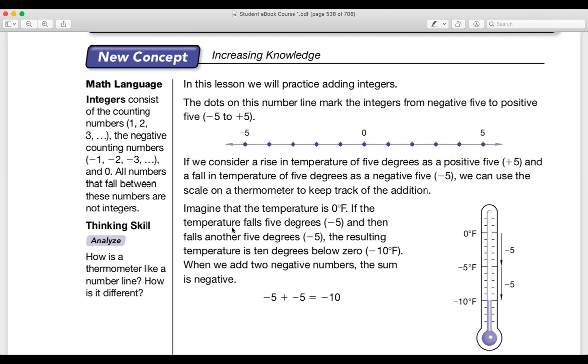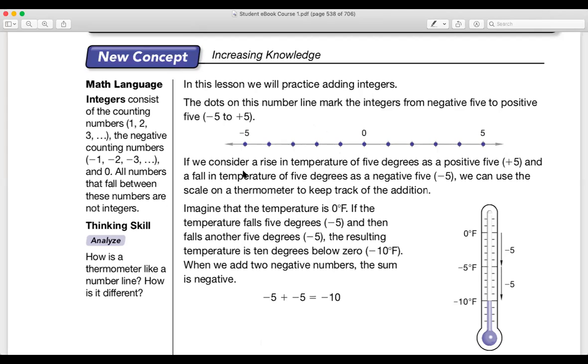So if you look at this particular line right here, you can see that the dots on this number line mark the integers from -5 to +5. So you have -5, -4, -3, -2, -1, 0, 1, 2, 3, 4, 5.